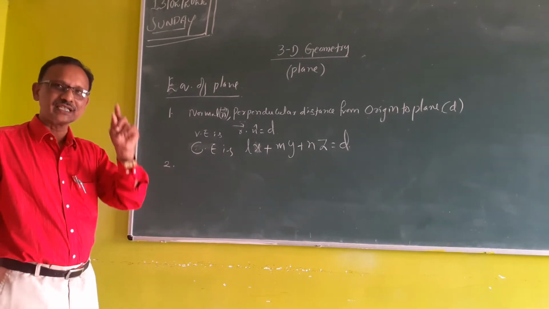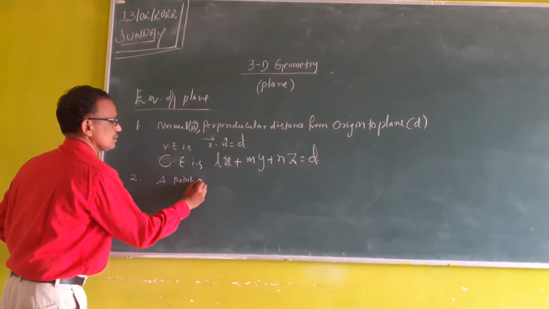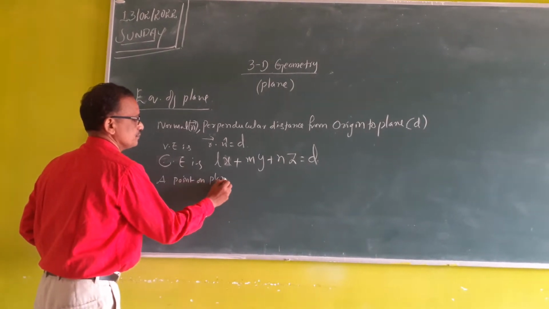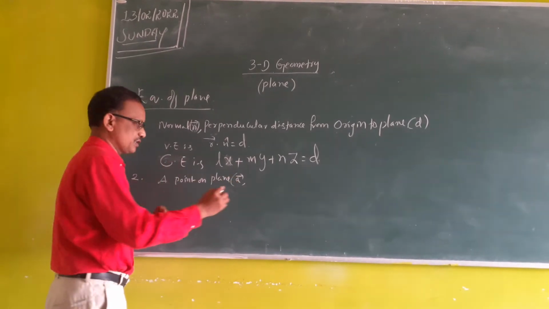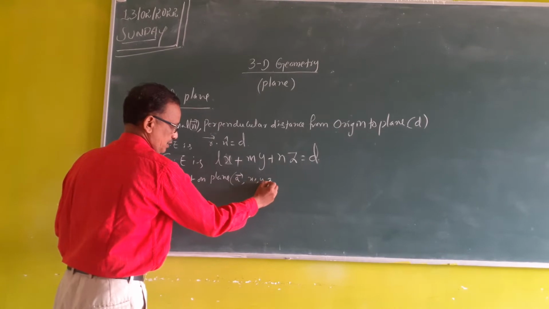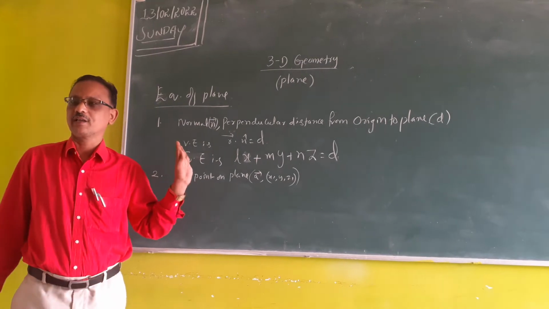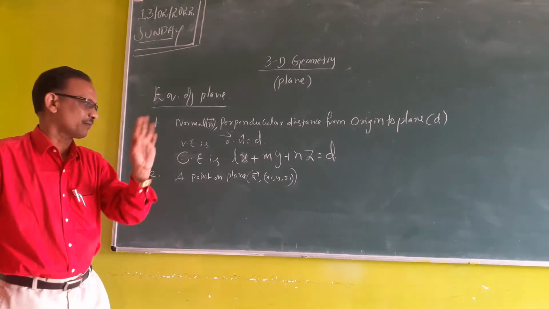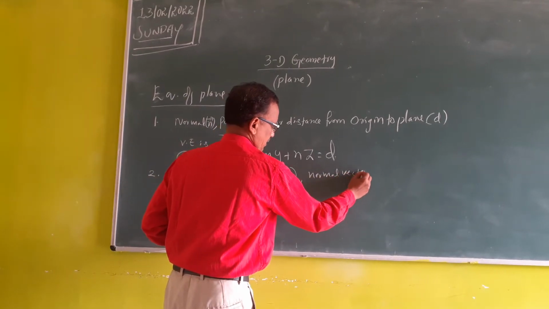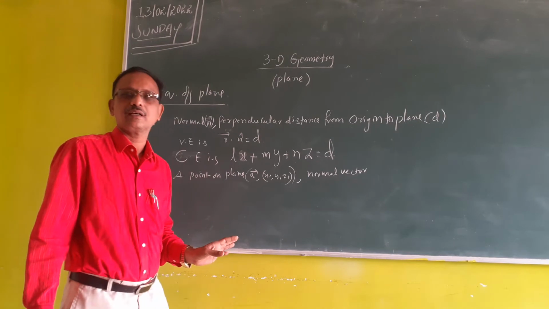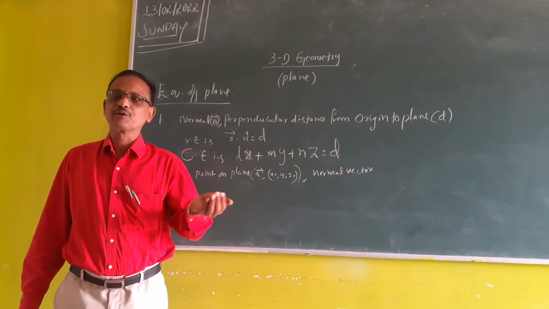Next thing is second condition. Second is a single point, a point on the plane with positional vector a bar, of Cartesian form x1, y1, z1, and a normal vector, having a direction perpendicular to plane.